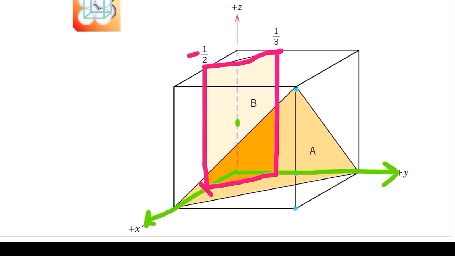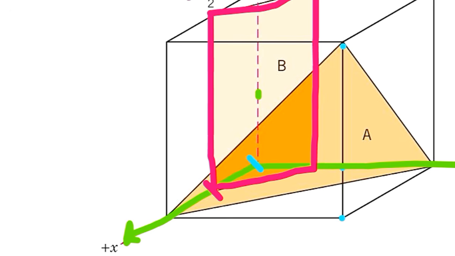But in case you are confused and don't understand these lengths, there is one method that I always teach students, because that method is going to help you when you will be drawing planes inside the unit cell. It's helpful for different kinds of problems as well, so you should learn it. From the origin, what would one length be in the x direction?